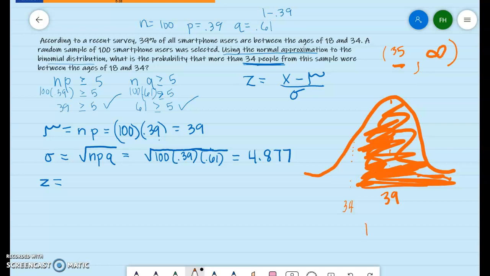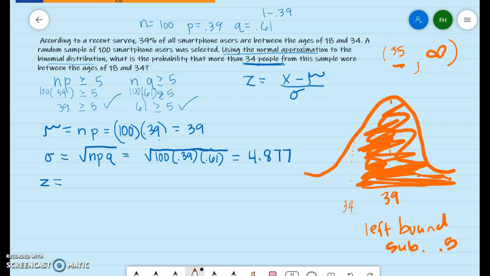For left boundaries, you are going to subtract 0.5. And then for right boundaries, you're going to add 0.5.